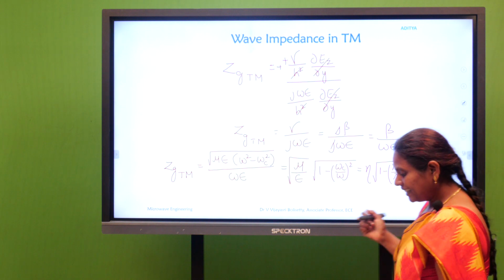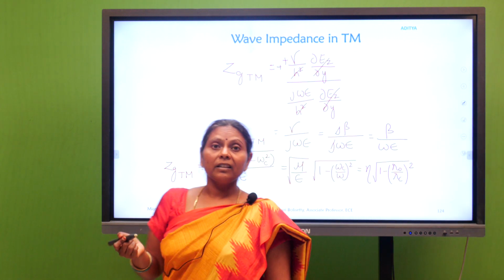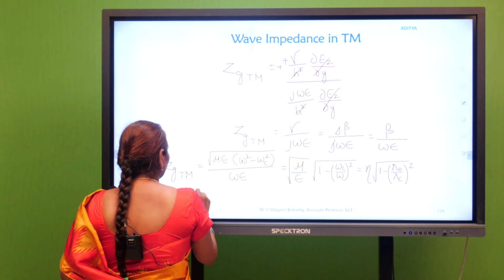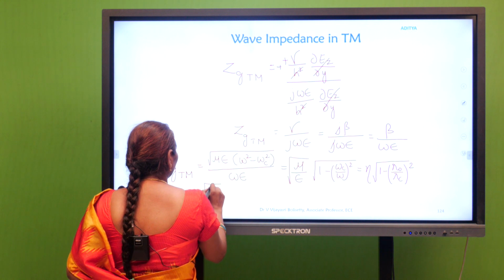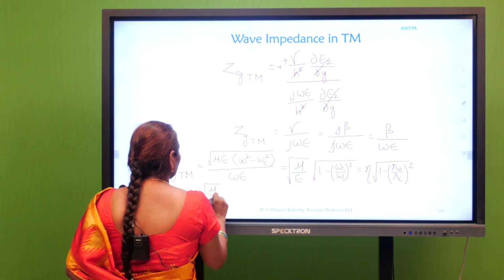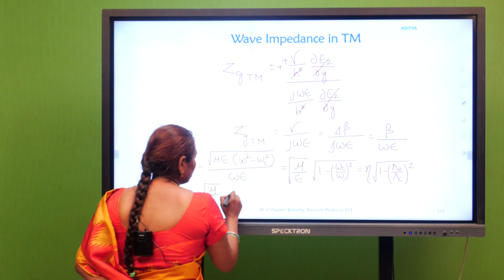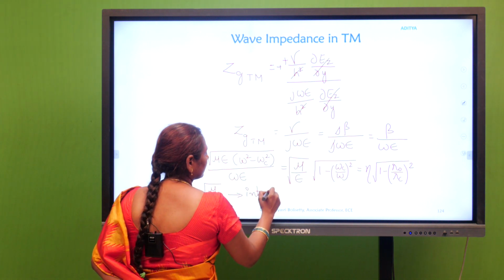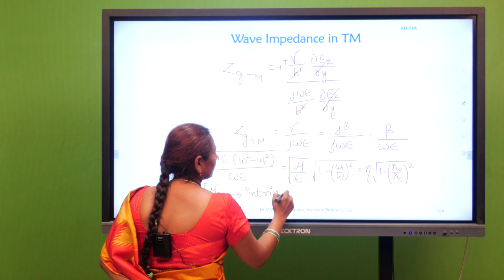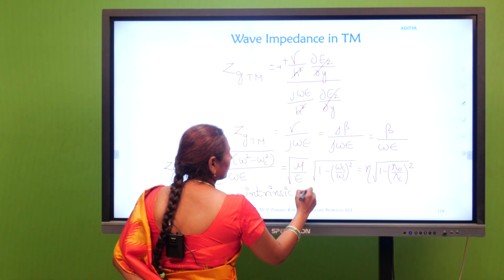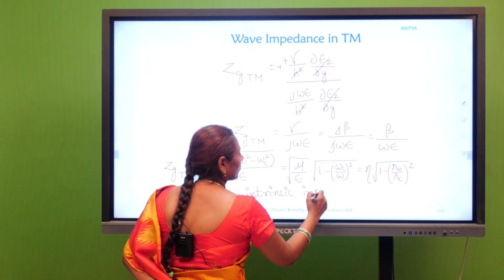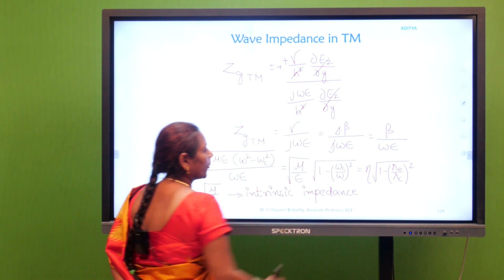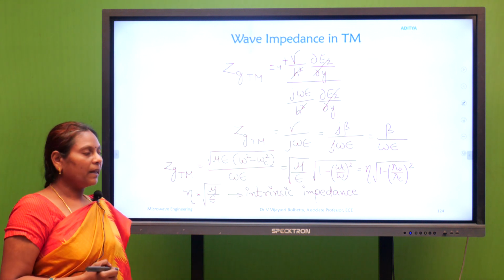And what is this eta? Eta is the intrinsic impedance. Eta is nothing but equal to root mu by epsilon, and this we call intrinsic impedance.